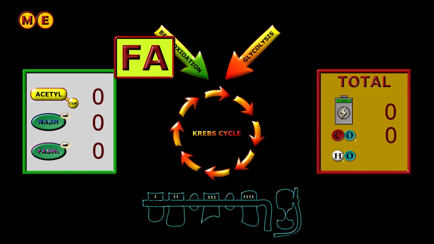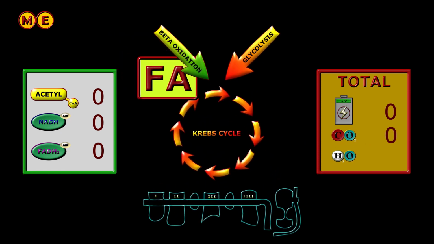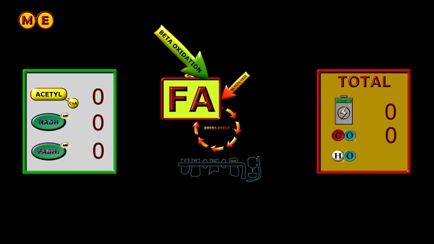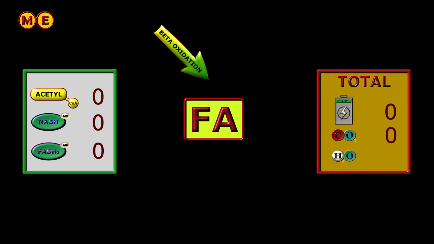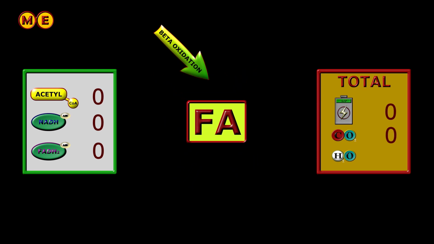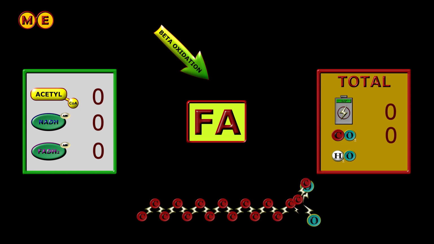Okay, now let's see the fatty acids. Fatty acids must first undergo the process of beta oxidation. As we already said, beta oxidation is a cyclic process in which we separate the carbon atoms 2 at a time. Let's take the standard example with a fatty acid that has a chain of 16 carbon atoms.